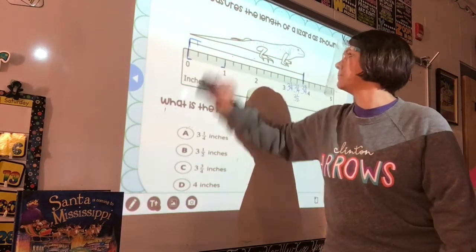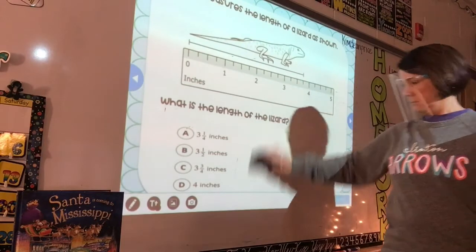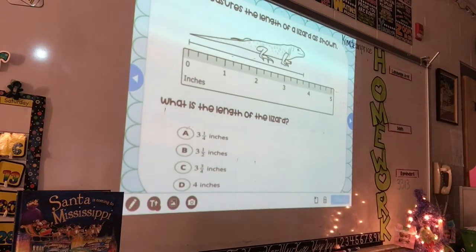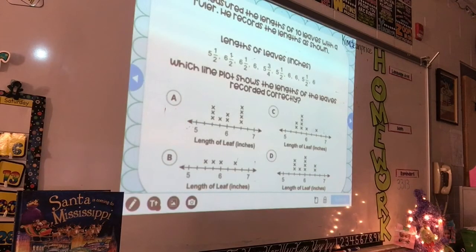Okay. Alright, so here's the next one. So it's giving us some data. Y'all seen this on study item. It says lengths of leaves in inches. So we've got 5.5.